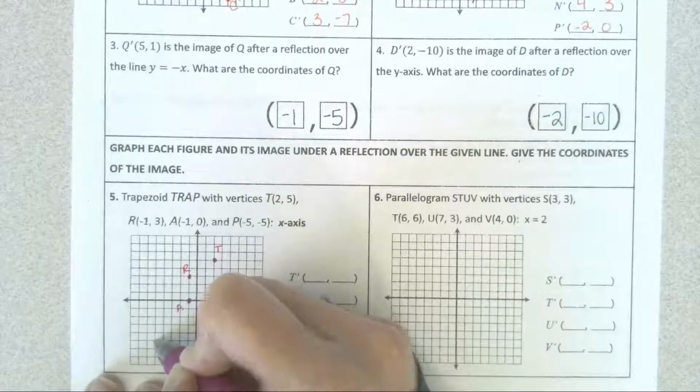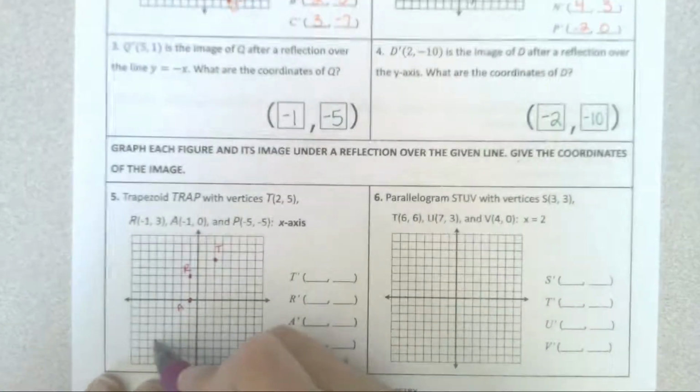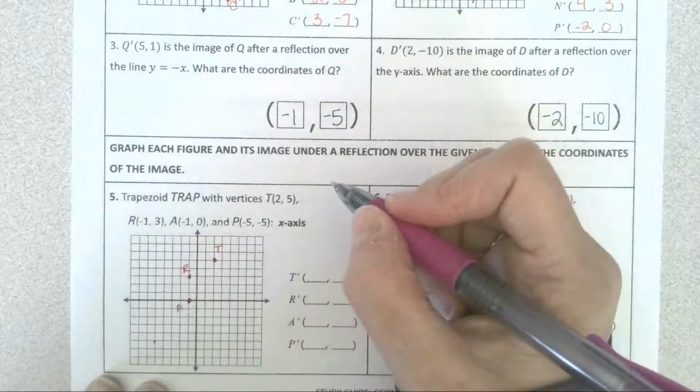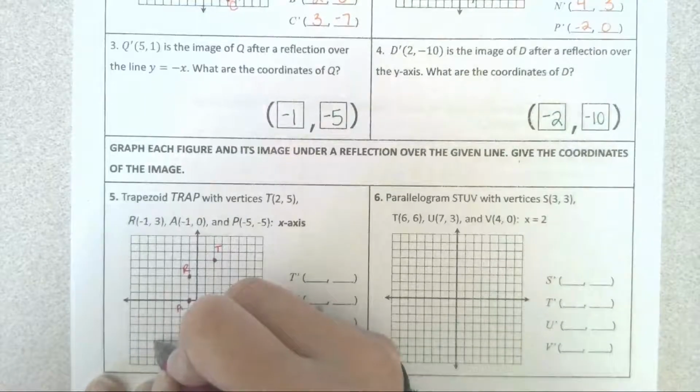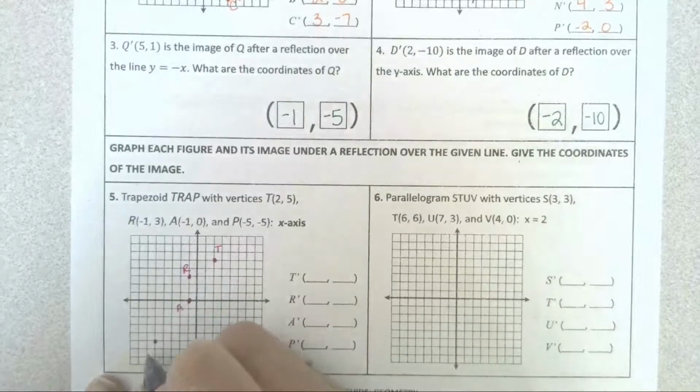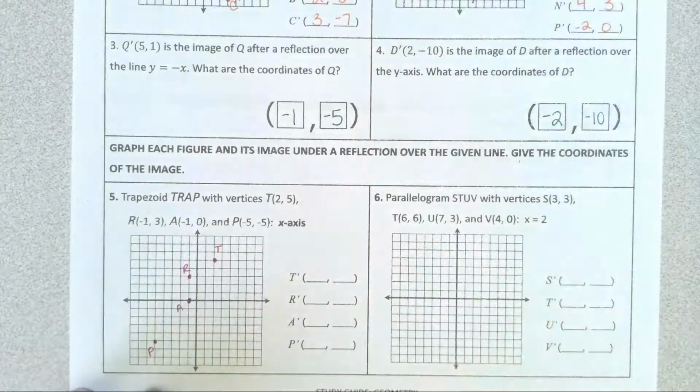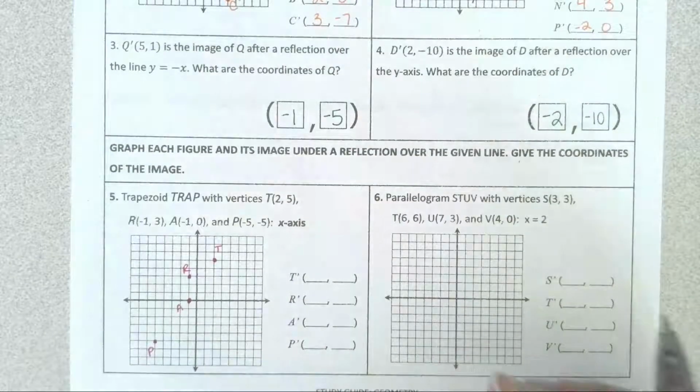I have no idea what happened here, guys, but this is definitely wrong. That is where P would have ended up being. And I have no idea what happened. But let's just go ahead and go with it.